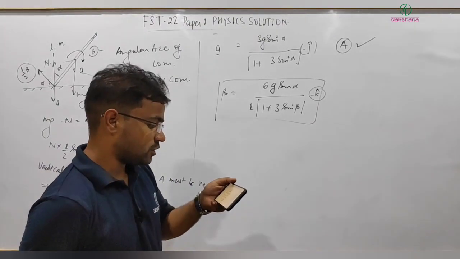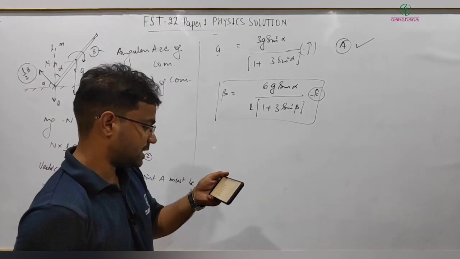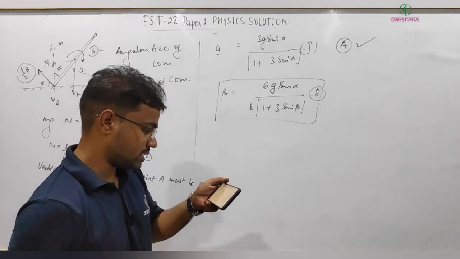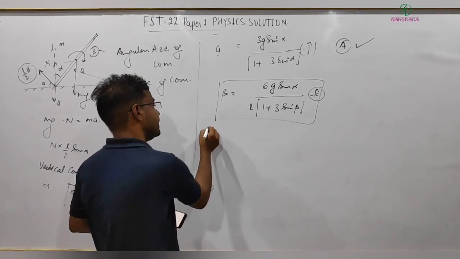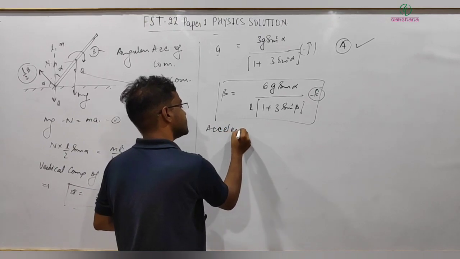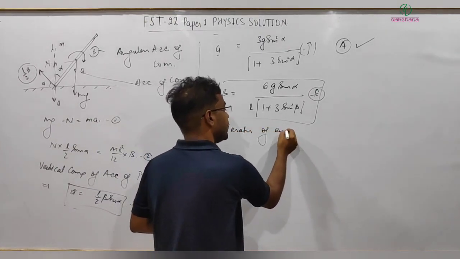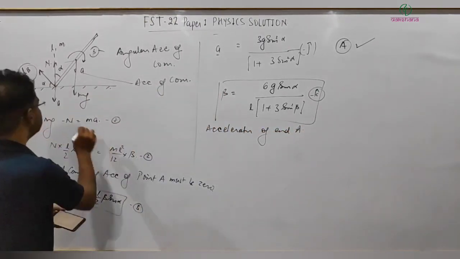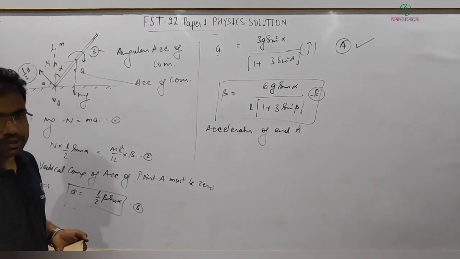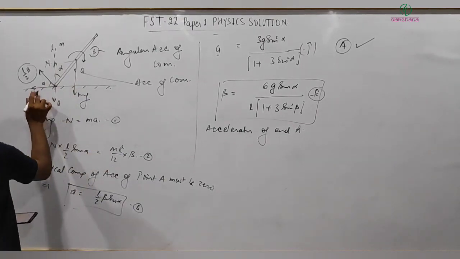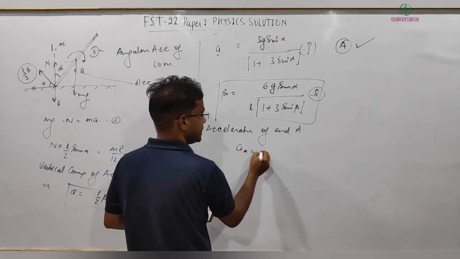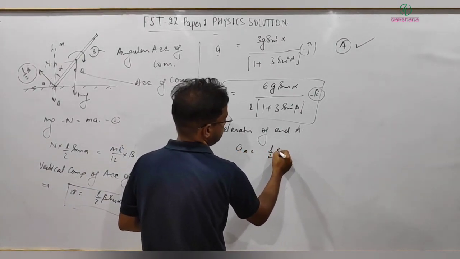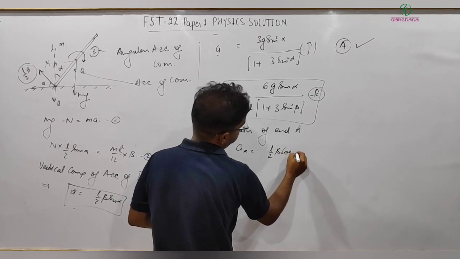So acceleration of center of mass will be, that is option B, acceleration of center of mass. That's not correct. So acceleration of center of mass will be equal to what? We have seen that in vertical direction net acceleration will be 0, but there will be a component along x direction, that will be L by 2 into beta into cos of alpha.